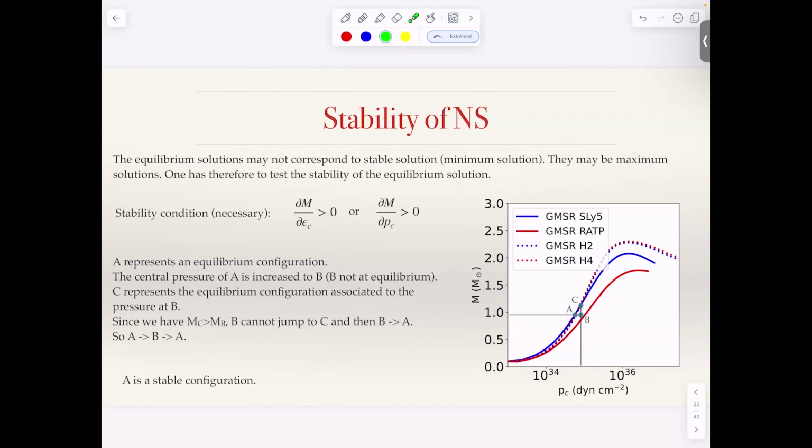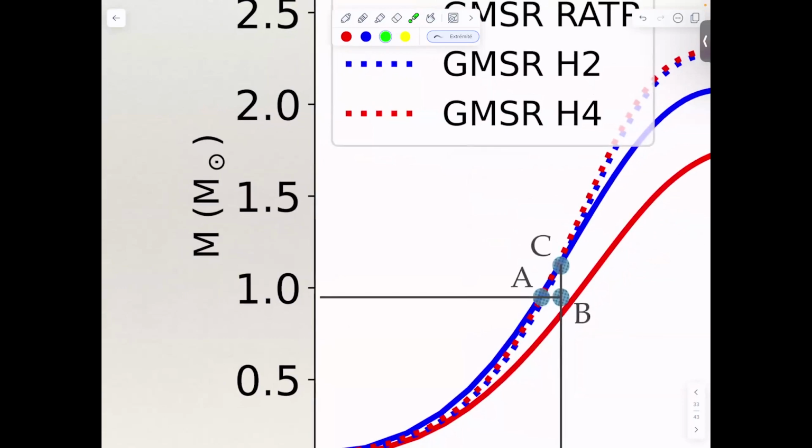So suppose, for instance, that I'm able to compress my star and to increase the pressure. So I go from point A towards a point B. Maybe it's better if I zoom in.